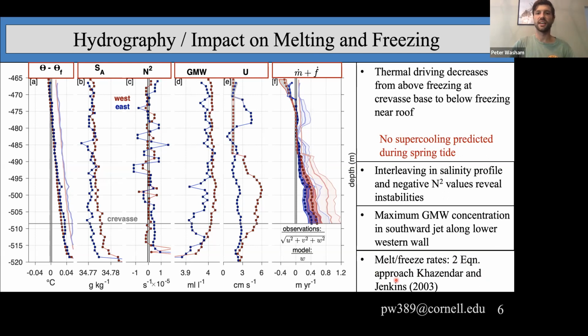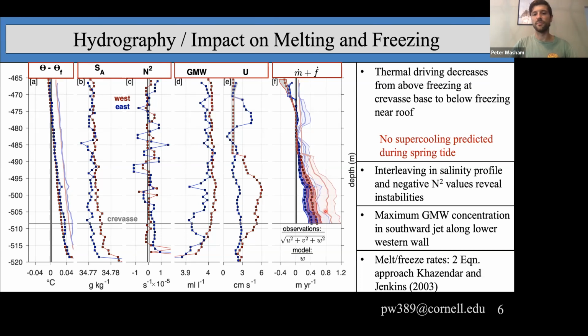And now freezing here is the combination of both frazzle production in the water column and direct freezing to the wall. And the takeaway here is that we have melt rates on the lower part of the crevasse, which are slightly higher on the west, where the wall is sloped next to that jet, up to about 60 centimeters a year, less than a meter a year during neap.